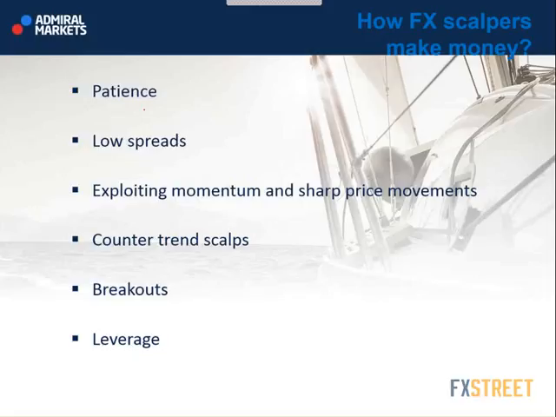Scalping also uses low spreads, and because of the low spread advantage, you can scalp every single pair which has a spread less than or equal to 1 pip. Even if a pair has a 2 pip spread, you can try to scalp it. But anything more than 2.5 or 3 pips is not used for scalping purposes.